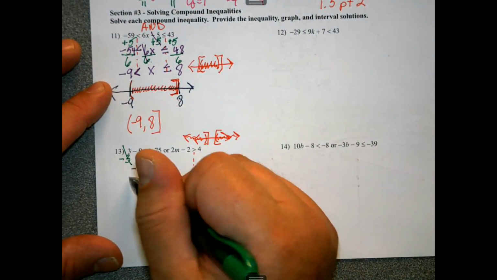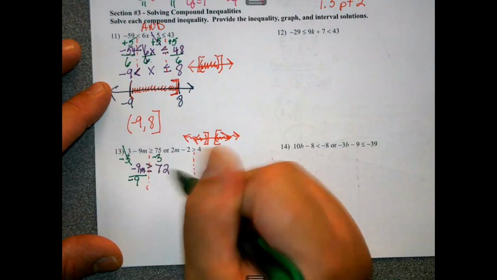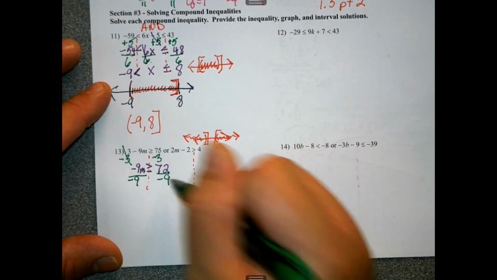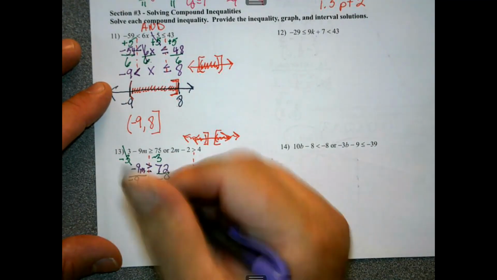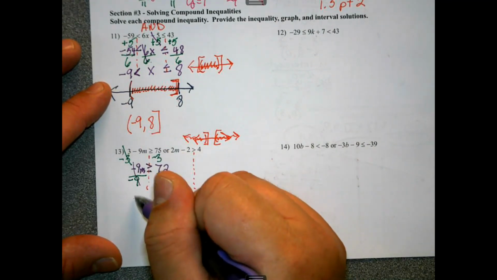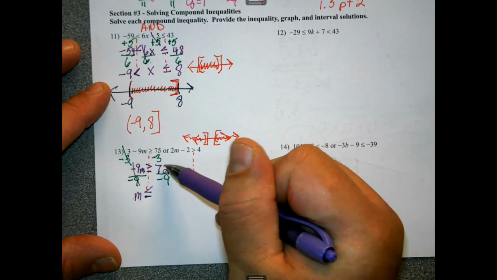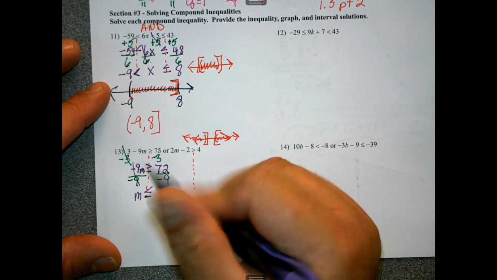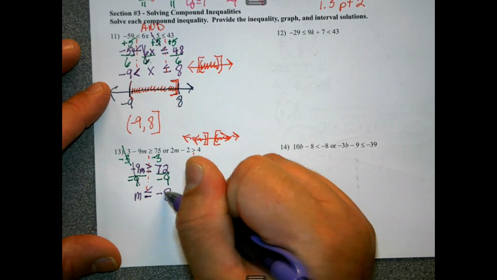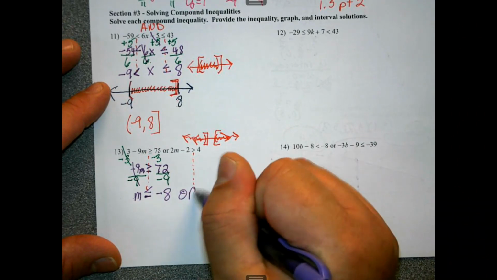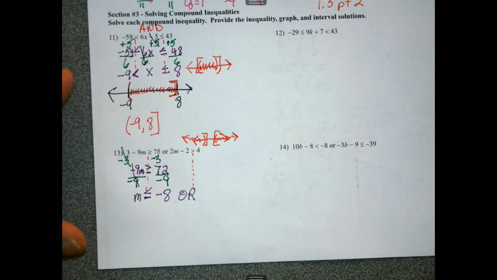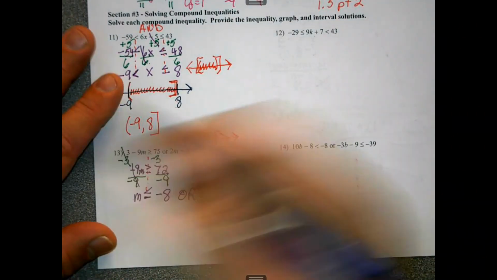Divide by negative 9. So this time I'm dividing by a negative number. I'm going to have to flip that inequality sign. 72 divided by negative 9 is negative 8. Solve the other one.